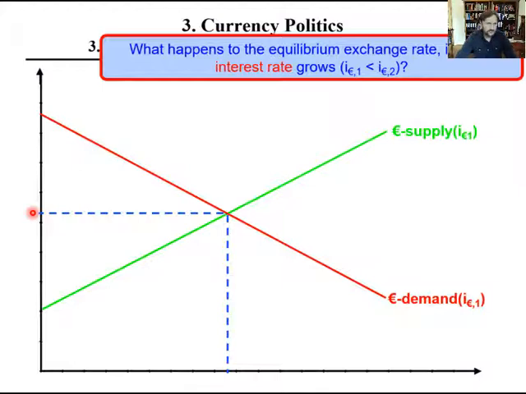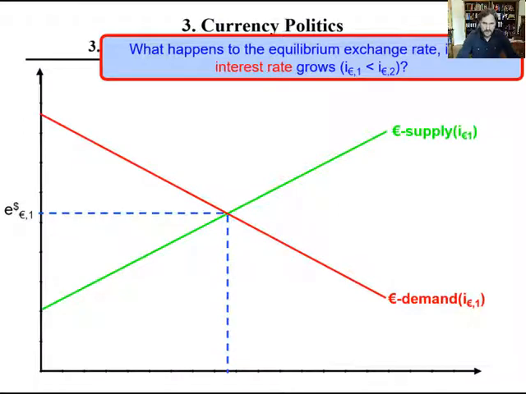What happens now to the equilibrium exchange rate if, for example, the euro interest rate grows, such that it is larger than in the initial situation? The interest rate does not appear on the y-axis, hence it is here a shift parameter in this diagram. If the interest rate in the euro area grows, Americans will try to invest more money in the euro area where they receive higher interest payments.